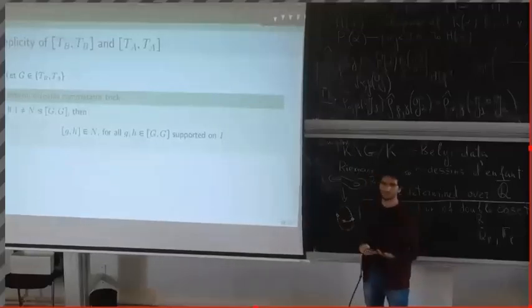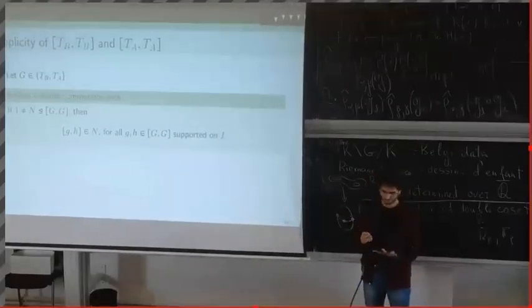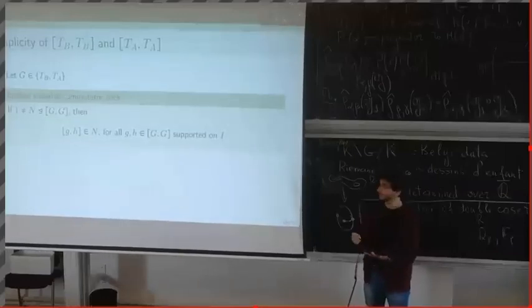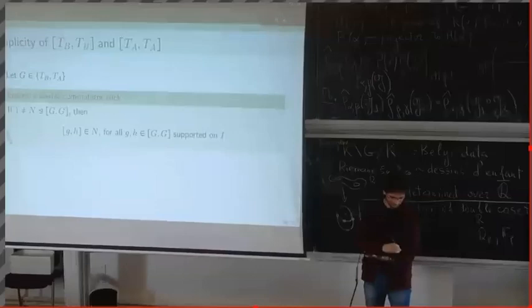We actually used 2 sort of ingredients. The first one is the so-called double commutator trick by Epstein. And if you don't see any double commutator, that is because the trick is working. So this tells us that if we've got a normal subgroup inside the commutator subgroup, and the normal subgroup is not trivial, then this normal subgroup must contain a lot of commutators.